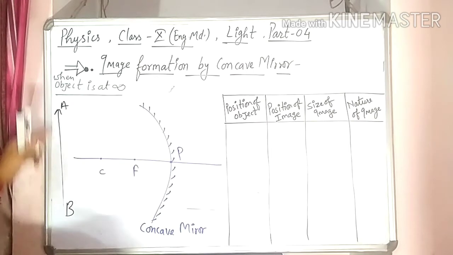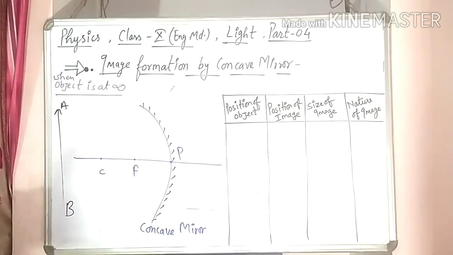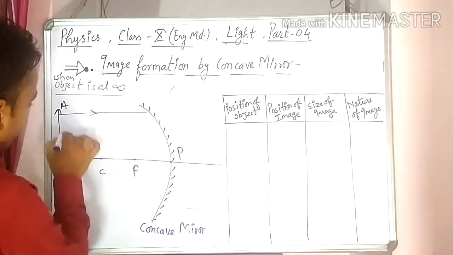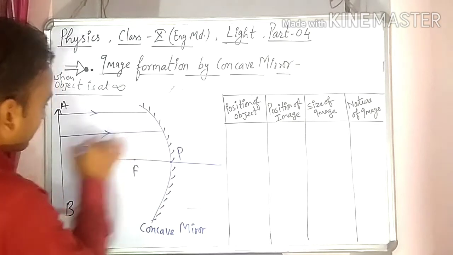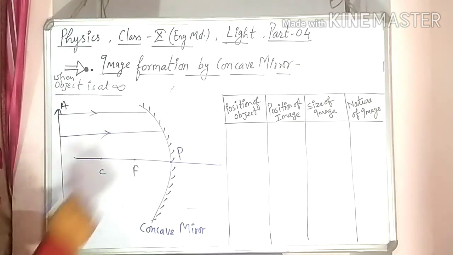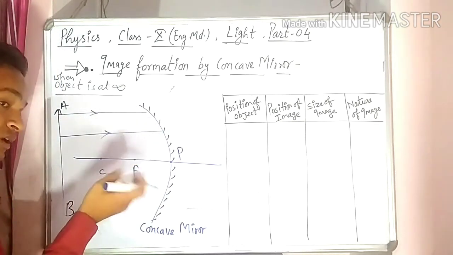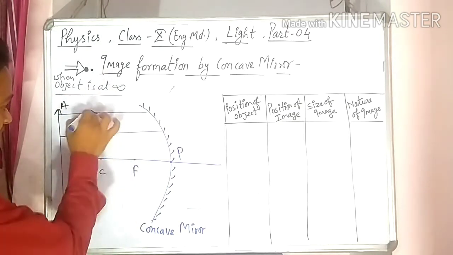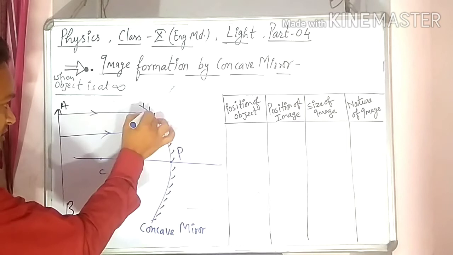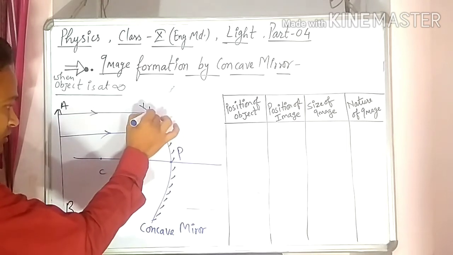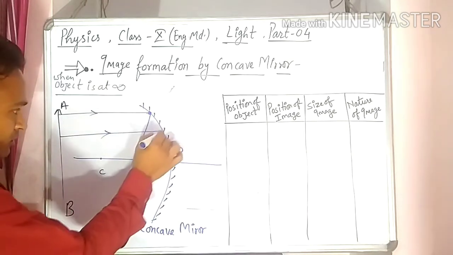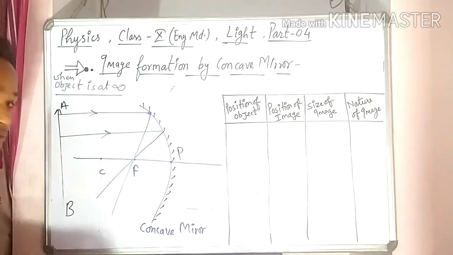Suppose it is an object A and B. We know that from infinity all the rays of light travel parallel to each other. According to the rule of ray diagram, a ray of light which is parallel to the principal axis, after striking the mirror, will pass through the focus. Another ray will also pass through the focus.